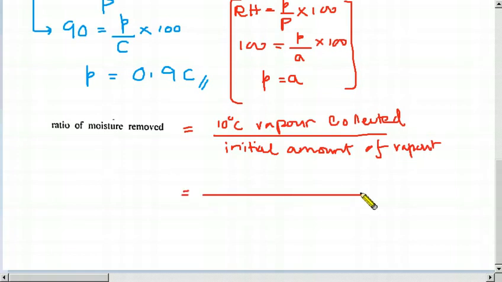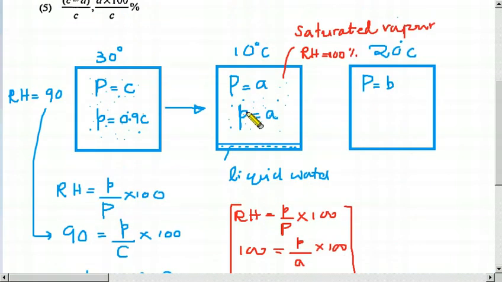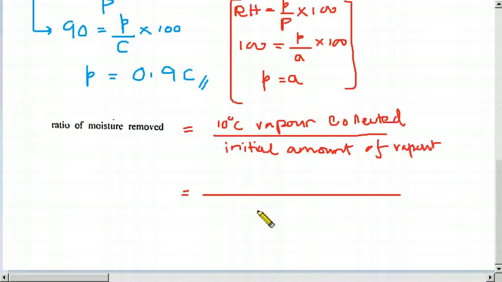So what is the initial amount of vapor? Initial means at 30 centigrade. The initial amount of vapor is given by this simple P, the real time vapor, simple P, 0.9 times C. This is the initial amount of vapor.